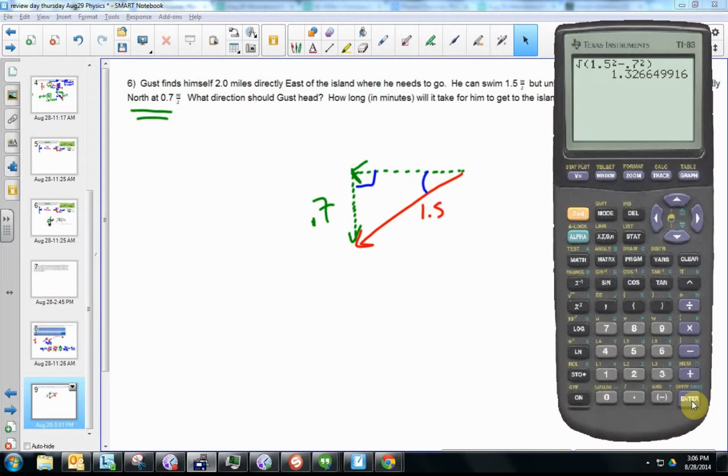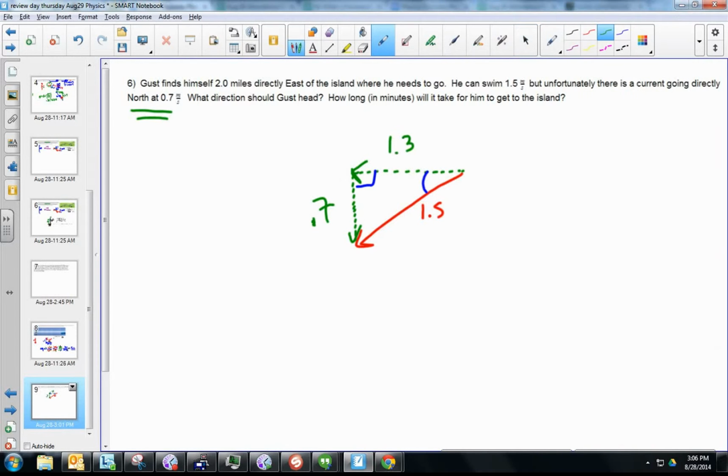Why can't I... when I try to do the triangle, I just tried to find the diagonal, making like 2 miles to the left and then 0.7 meters north. Is that not correct? No, you're not going to be able to do that. And the reason is what you're doing is you're mixing distances with velocities.